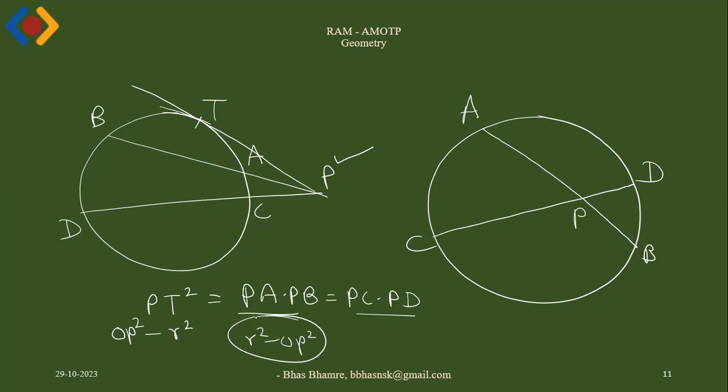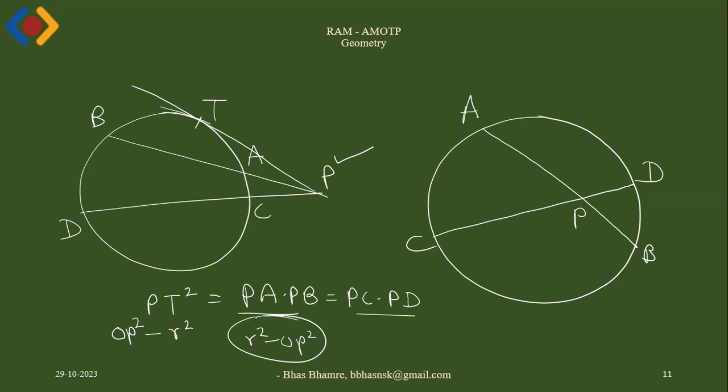No, Shara, we call it the power of point. PA times PB is also termed as power of point. Okay. So actually OP square minus R square is the power of point. The definition of power of point is OP square minus R square if P is a point. If OP square minus R square is positive, then P lies in the exterior.